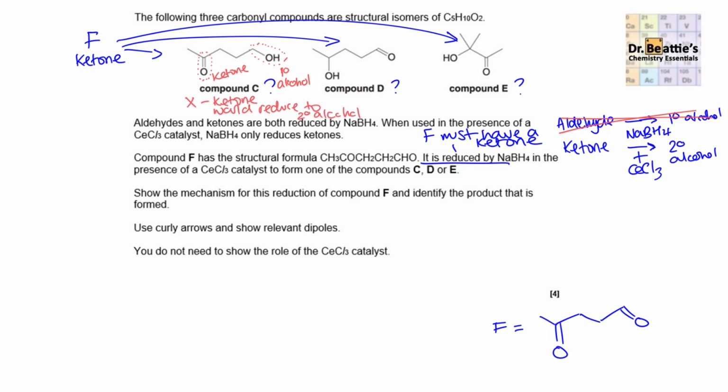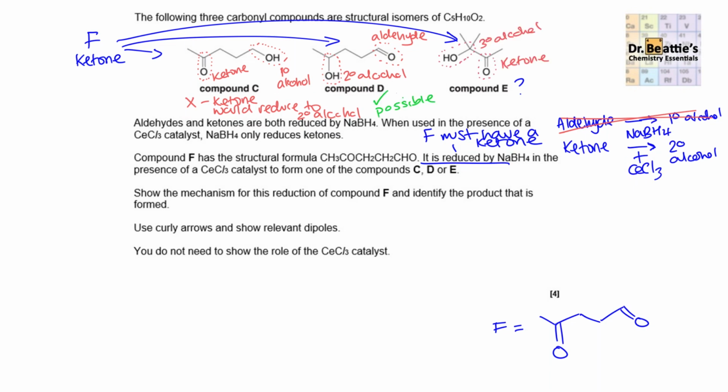Then if we turn our attention to compound D, we know we've got a secondary alcohol and we have an aldehyde. This is a possibility because going back to our original idea, any ketone that was in F should change into a secondary alcohol. The aldehyde would be unchanged because that does not undergo reduction when you've got this catalyst.